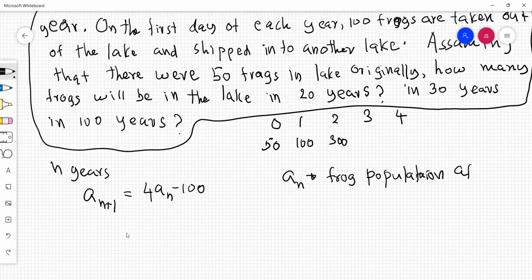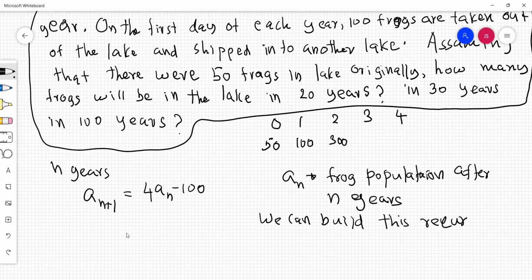If a_n is the frog population after n years, we can build this recurrence relation, right?